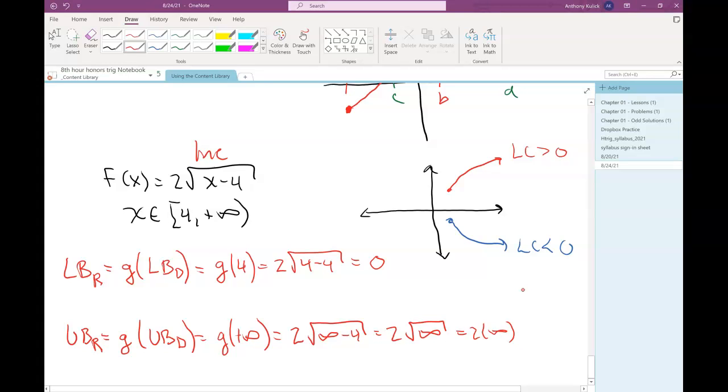Still infinity. Now, the question here becomes, does this need to be a positive infinity or a negative infinity? Because I'm finding an upper bound, I know it's always going to be a positive infinity. If it was a lower bound, it would always be a negative infinity.